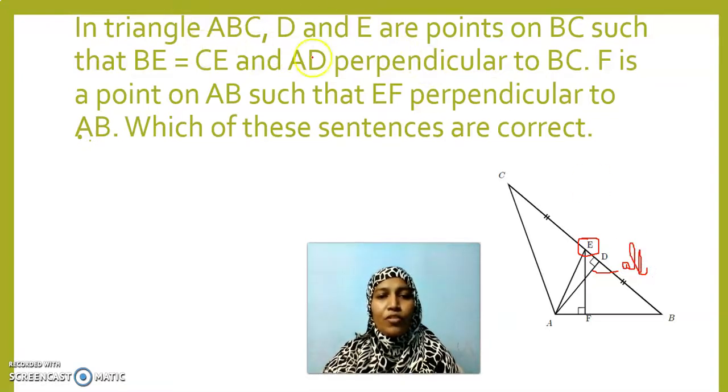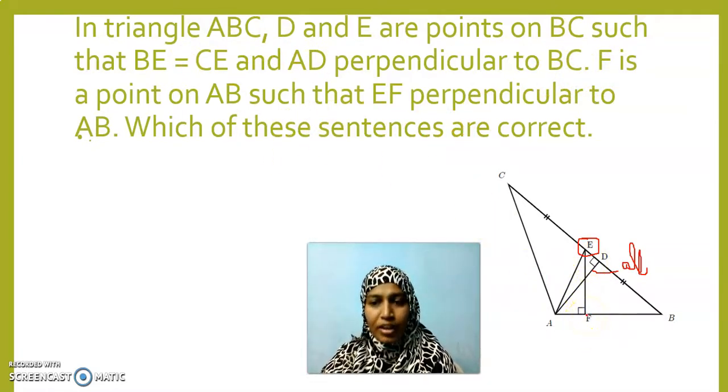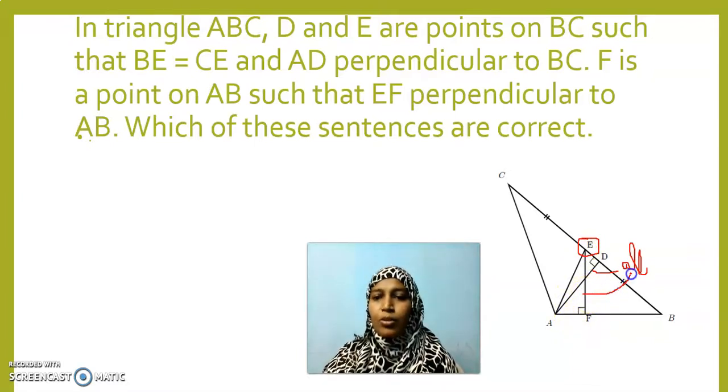Then, wait, I have not completed. F is a point on AB. Again, I have another point F, but it is on the side AB and not on BC, such that EF is perpendicular to AB. Again, this is also an altitude. EF is also an altitude. AD is also an altitude.